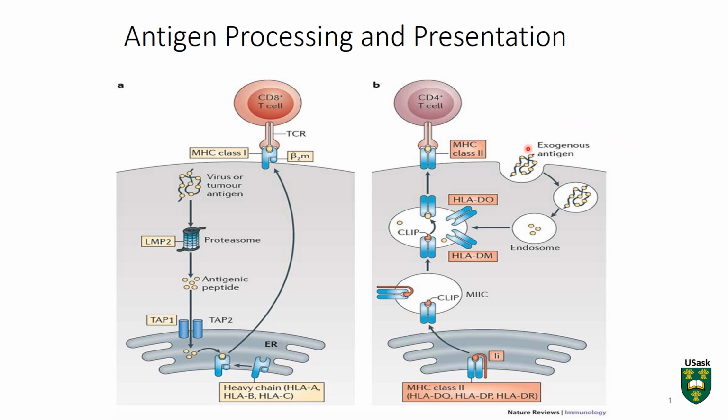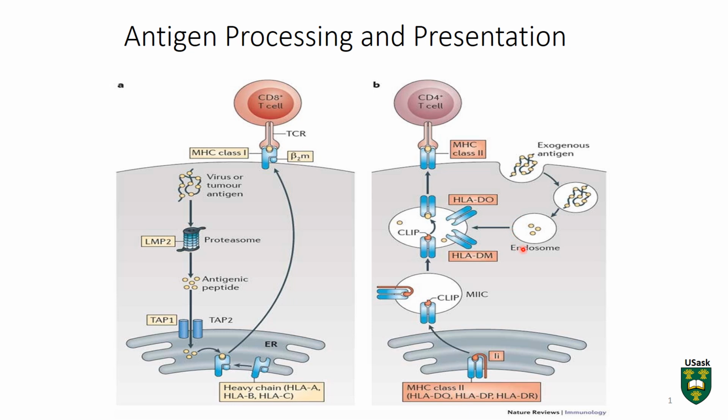Now you have an exogenous antigen. This is, for example, an antigen presenting cell, so this is a completely healthy cell. The function of this antigen presenting cell is to capture or sample the blood and the surroundings and take up any foreign organism. So, for example, if this cell takes up this exogenous antigen, the antigen will enter the cell in the form of an endosome, and then this endosome will fuse with the lysosome.